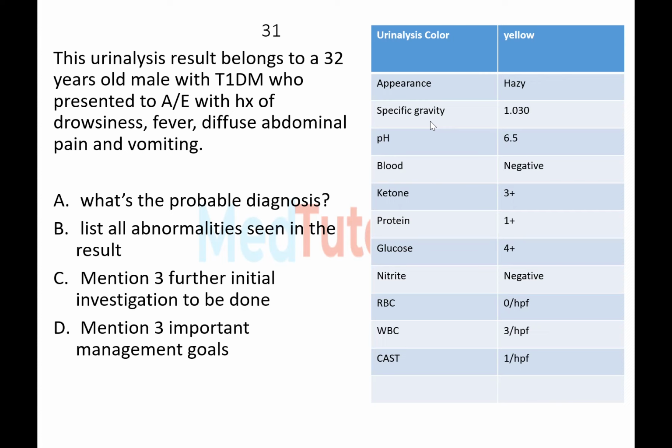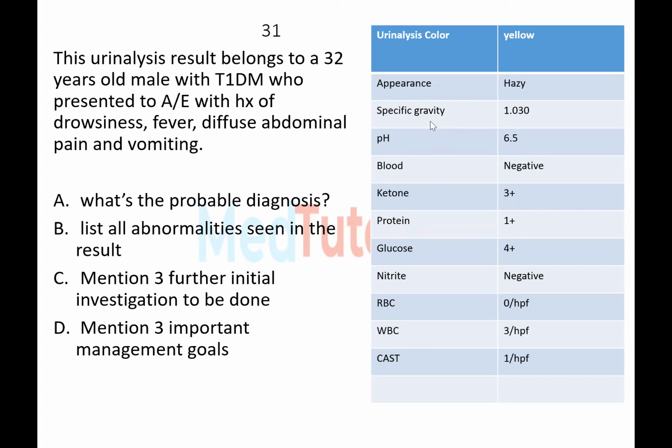So what is the probable diagnosis here? Type 1 DM, that's the key. DKA. Exactly, diabetic ketoacidosis. As you can see here, the ketone is 3 plus.